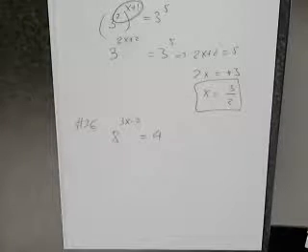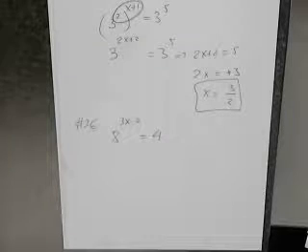You take 243 and you say 2 plus 4 is 6, 6 plus 3 is 9. Therefore, since 9 is divisible by 3, so will 243. So I'll say 3. 24 divided by 3 is 8. 3 divided by 3 is 1. So 3 times 81 is 243.